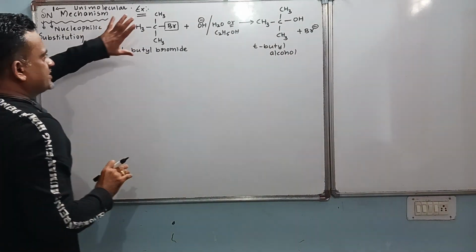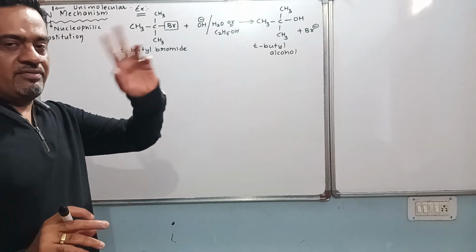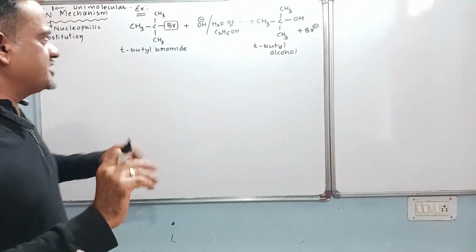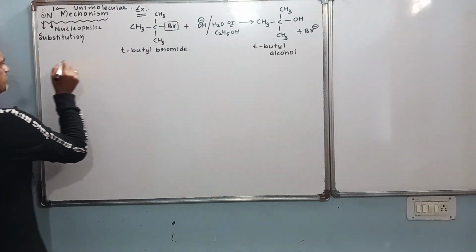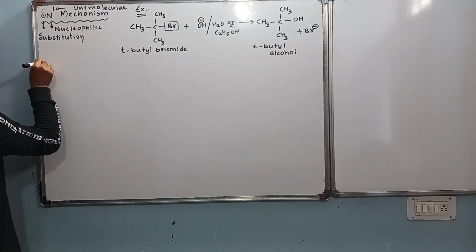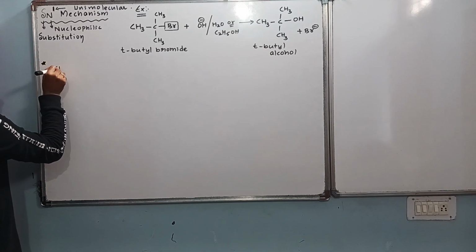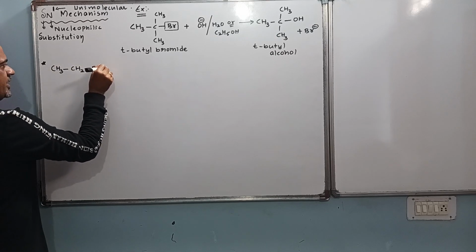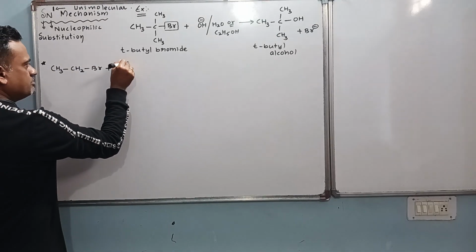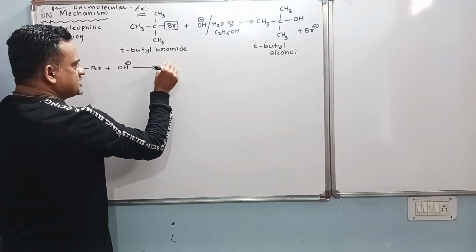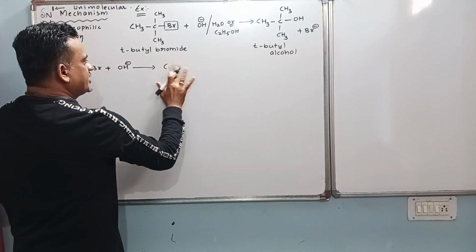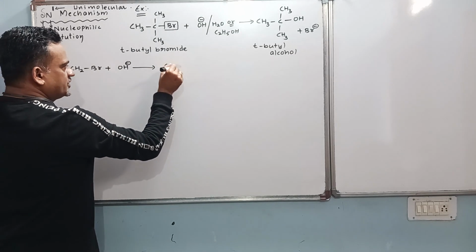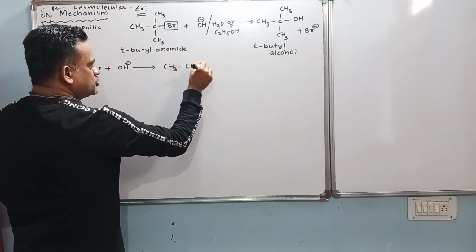Now let us compare the same with the example that we took in the Sn2 mechanism. For example, if we consider CH3, CH2, Br, right? And if we react that with OH minus, what is that going to give us? CH3, CH2OH.